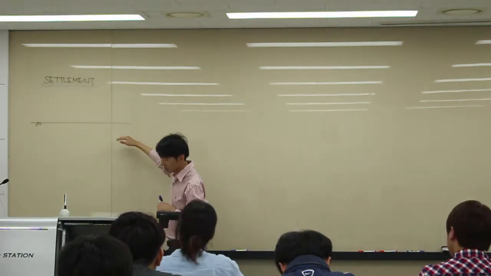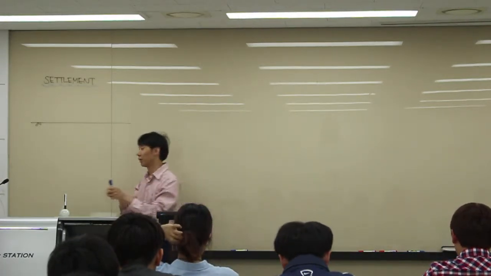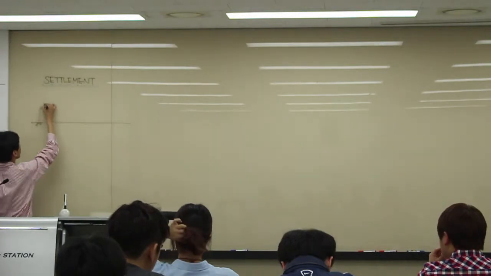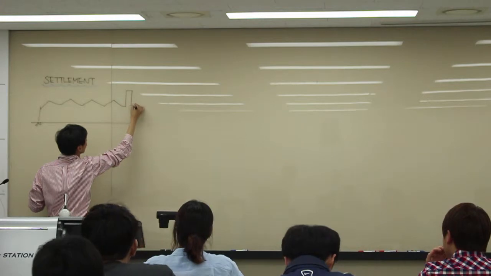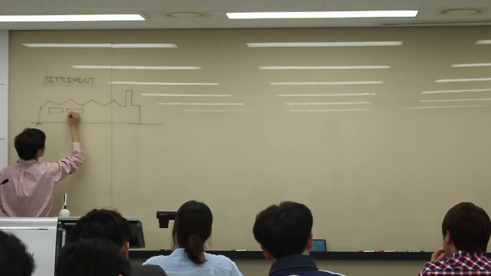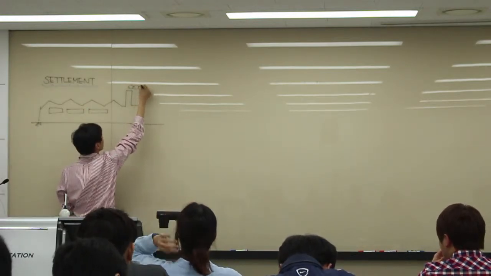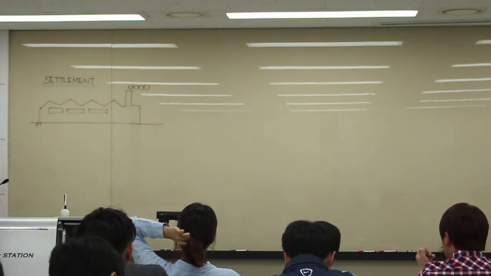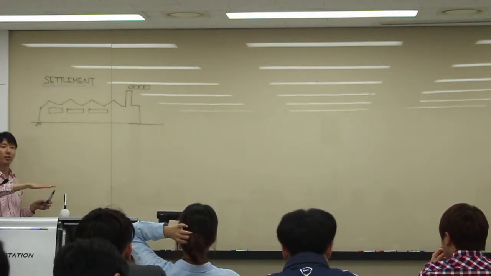Say we have a ground surface like this. This is the site where we want to build a structure. And say that we are building a factory. We're building a very big factory. Then, because of the weight of this structure, the soil will be compressed a little bit, right?